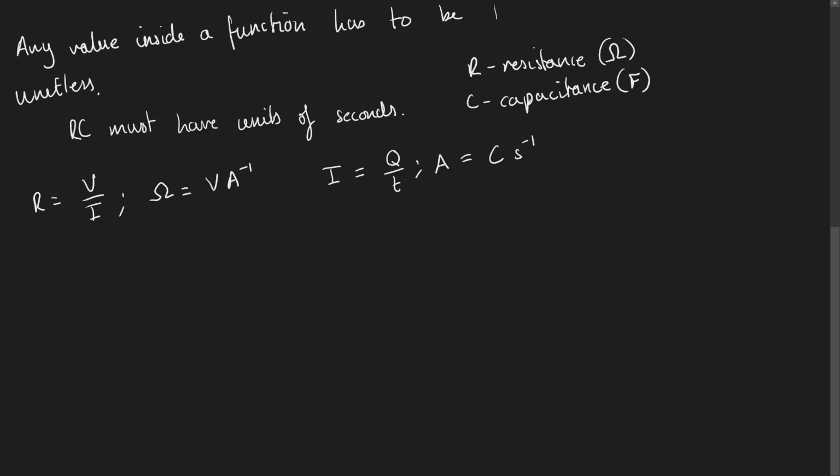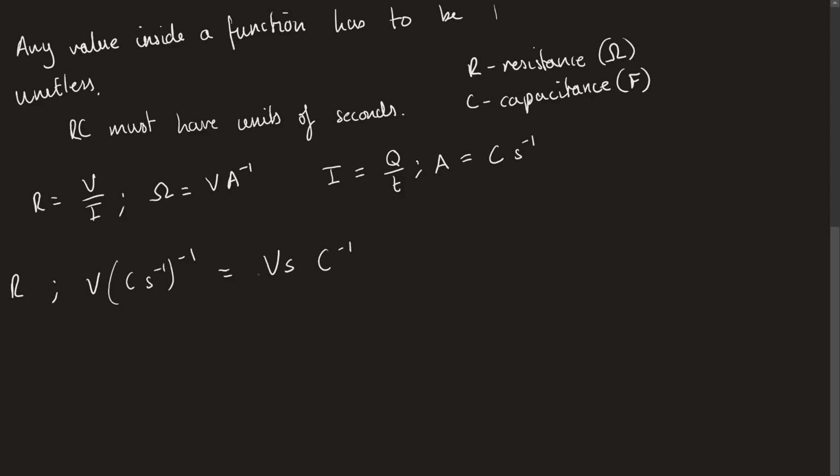And this means that if we then bring these together, we do volts, and then we substitute in coulombs per second to the power of -1, we end up with R having units of volts seconds per coulomb.